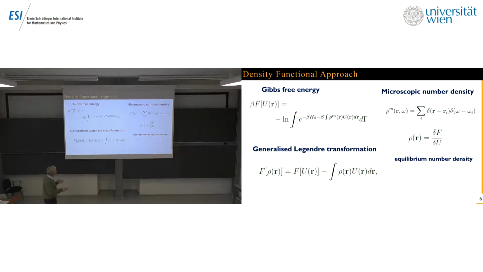The macroscopic number density can be expressed in this way for point-like particles, for simplicity, with translational and orientational degrees of freedom. On the macroscopic level, the conjugated thermodynamic variables are the density and the external field in the general sense. Then there is a generalized Legendre transformation, well known in thermodynamics, which establishes a relationship between two conjugated thermodynamic potentials.